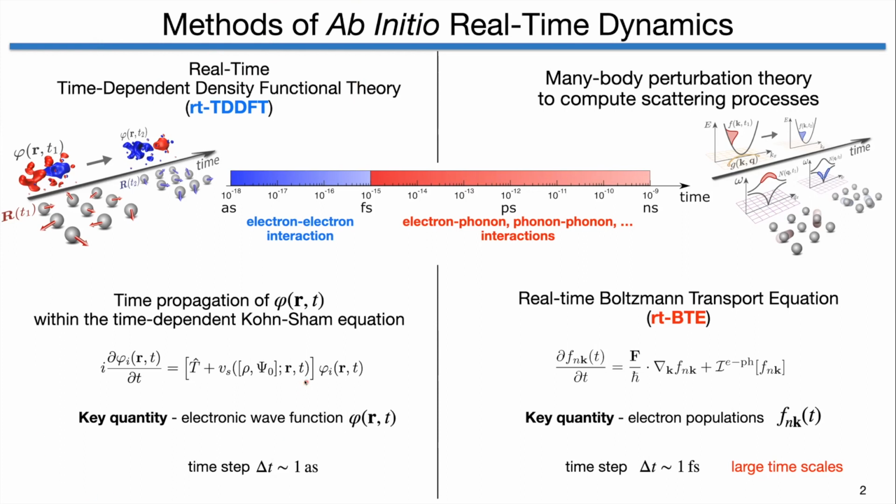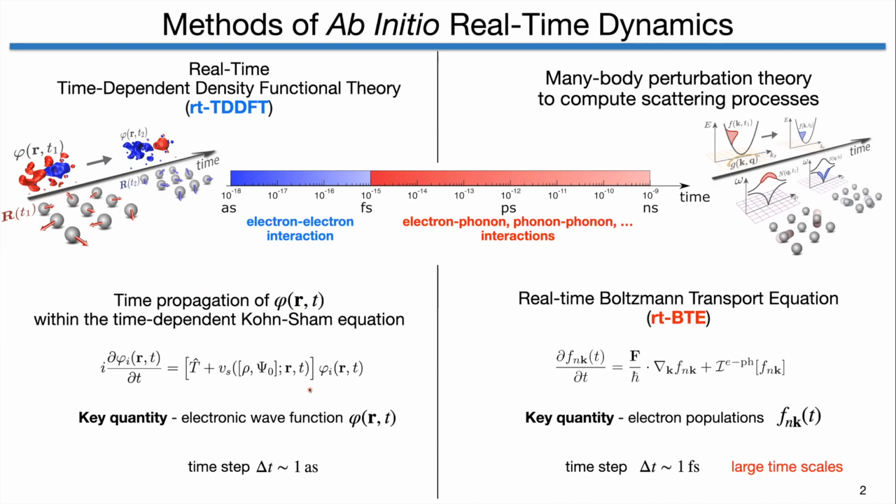In this method, we time propagate the electronic wave function within the time-dependent quantum equation. We time step the electronic wave function, in this case phi, following the Schrodinger-like equation.